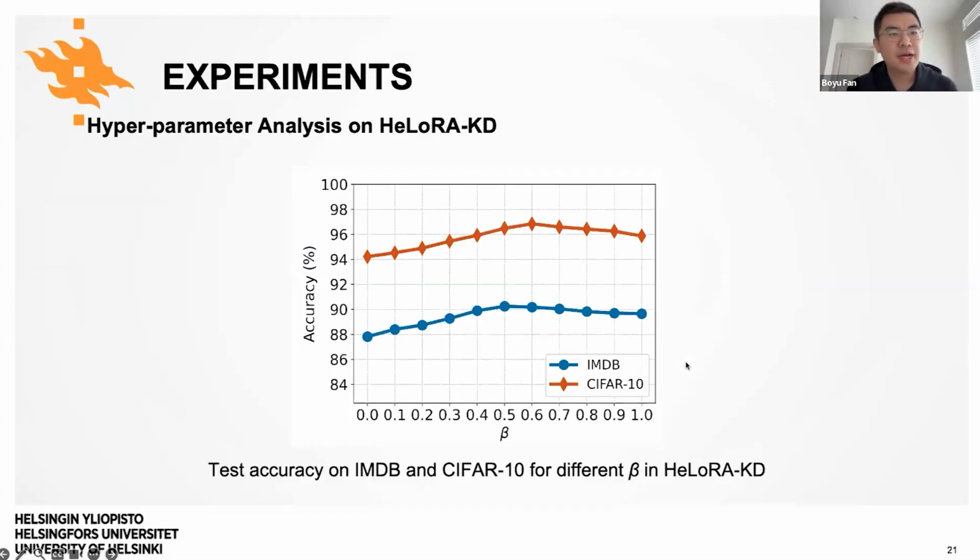And the other is the hyperparameter analysis for the beta. The beta is how much knowledge sharing from others can be involved. You can check from here that different datasets actually have different optimal values. CIFAR-10 has 0.6, but IMDb is just a half.